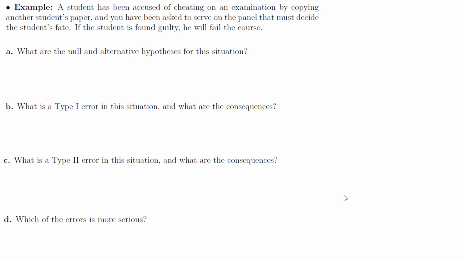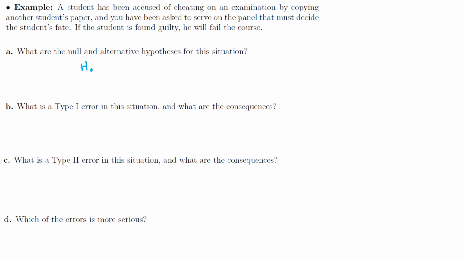So in this example, a student has been accused of cheating on an examination by copying another student's paper, and you have been asked to serve on the panel that must decide the student's fate. If the student is found guilty, he will fail the course. First of all, what are the null and alternative hypotheses for this situation? Again, the null hypothesis is the innocence hypothesis.